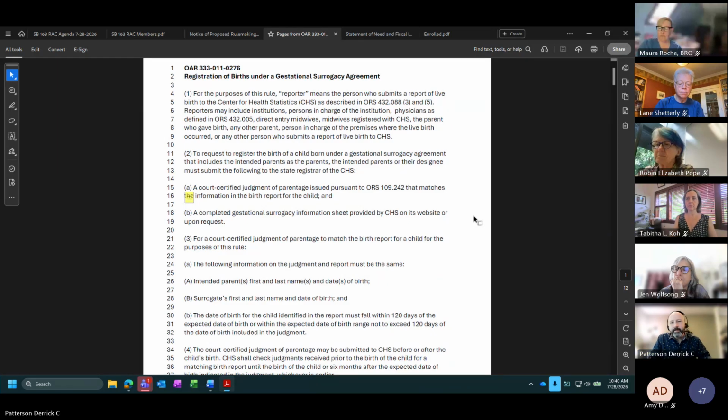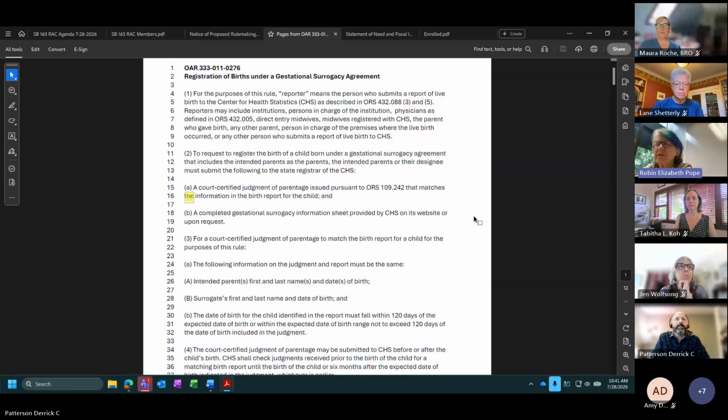Yeah, Robin. I had sent you my written edits and comments, but I want to make the point from the start. On line 7, it says the parent who gave birth. That is legally incorrect under our new law. Jen also sent some edits that it should read the gestational surrogate.